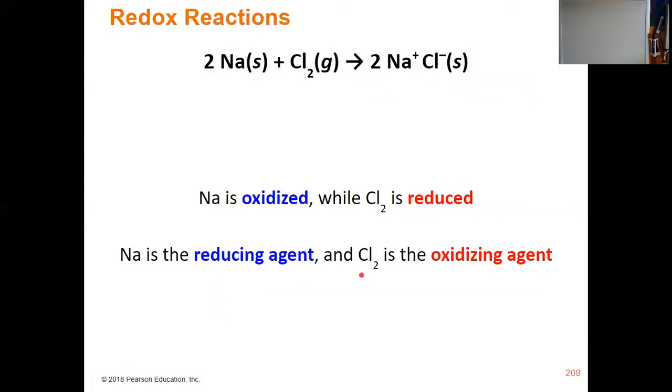Chlorine, on the other hand, is the oxidizing agent because it's causing the oxidation of sodium. Okay? Notice that both of your agents are on the reactant side. So sodium is the reducing agent while it's being oxidized. Chlorine is the oxidizing agent while it is being reduced.